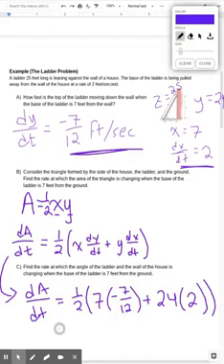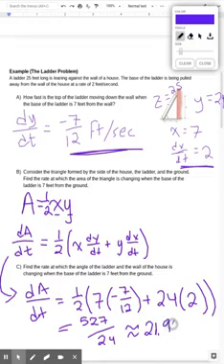And then when you do the algebra and simplify that, you end up with 5/27/24, which is about equal to 21.96 square feet per second. That is the rate that the area is changing for this triangle. So this triangle is getting larger by about 22 square feet per second.